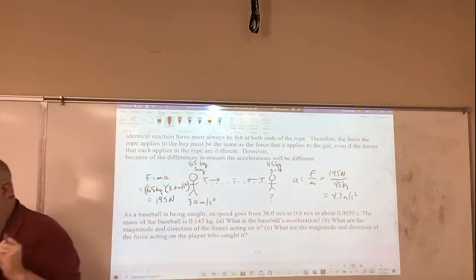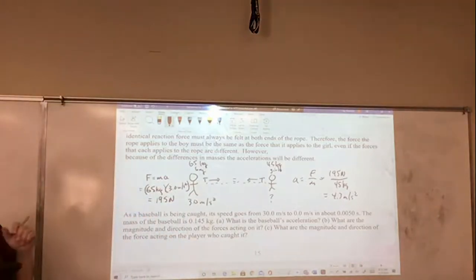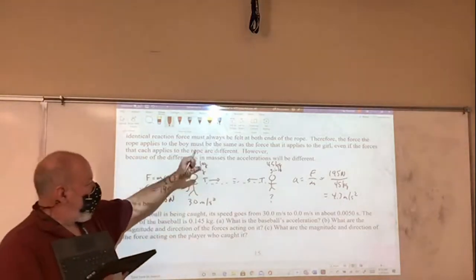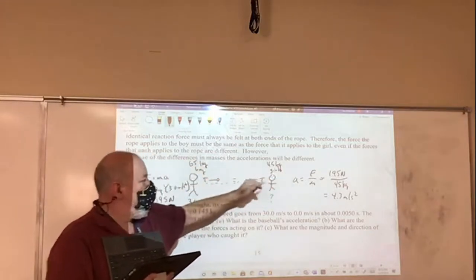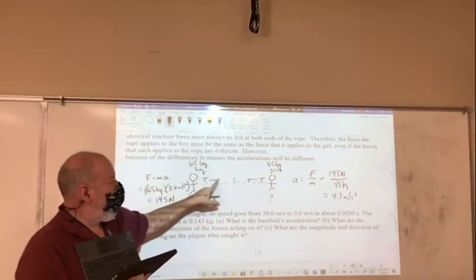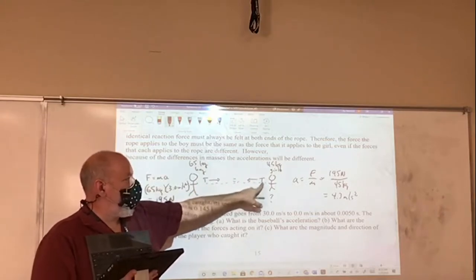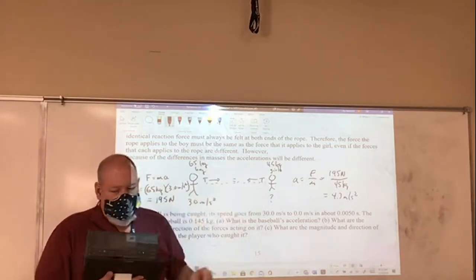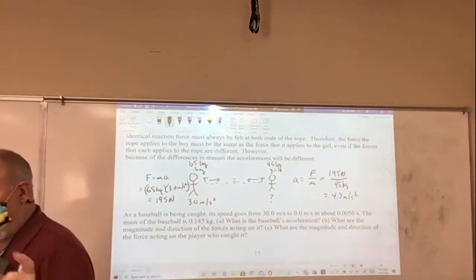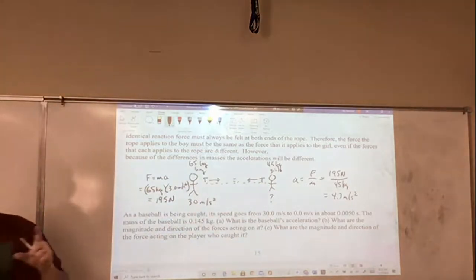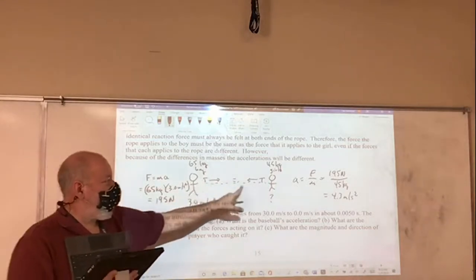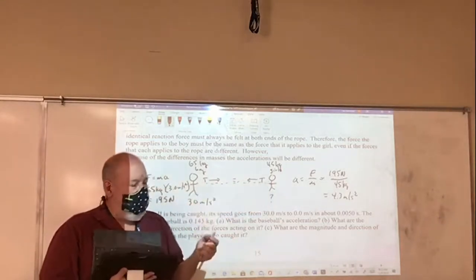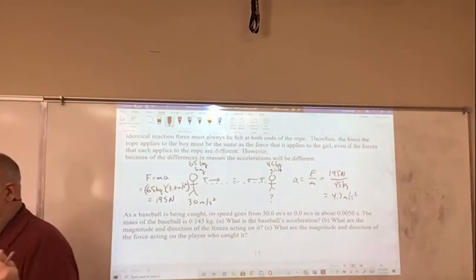And this is one of the single most difficult concepts in all of physics, that this person is bigger and stronger than this person, but the force that they both feel at the end of the rope is exactly the same. If I have 10 people on one end of a rope and one person on the other end of the rope, the force that the 10 people would feel would be exactly the same as the force that the one person feels.